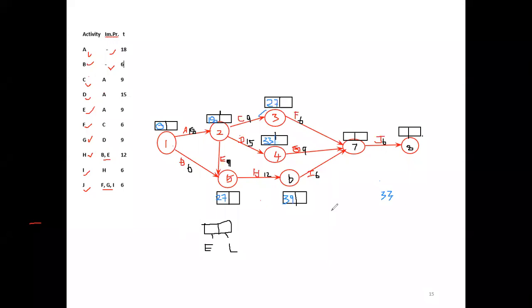Then the second way, here 33 is there plus 9. Under the fourth event, 33 already spent. Then 33 plus 9, 42. So 42, second route.